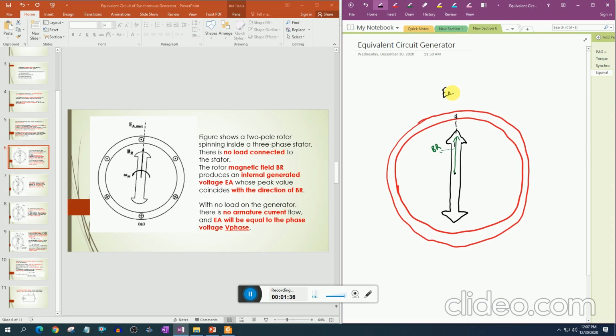EA is induced maximum, and the rotor is spinning in this way, omega m.